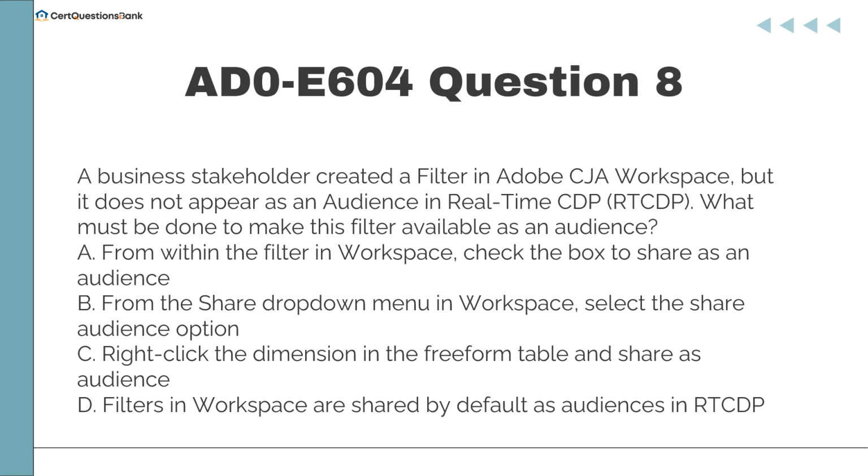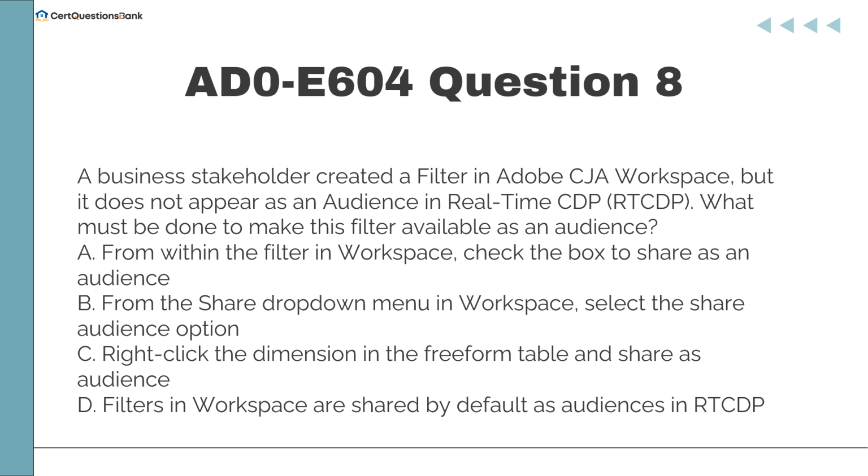A business stakeholder created a filter in Adobe CJA Workspace, but it does not appear as an audience in real-time CDP, RTCDP. What must be done to make this filter available as an audience? A. From within the filter in Workspace, check the box to share as an audience.